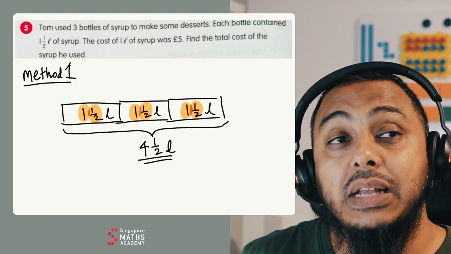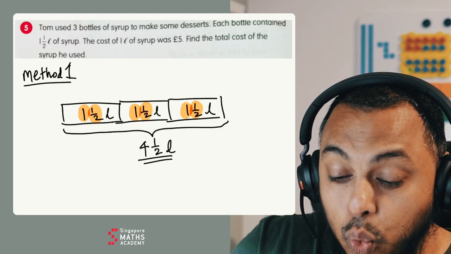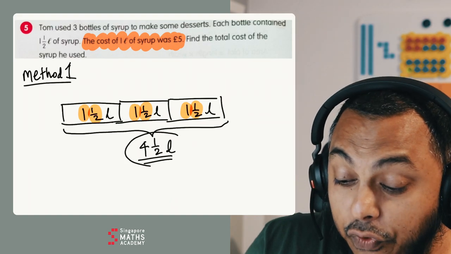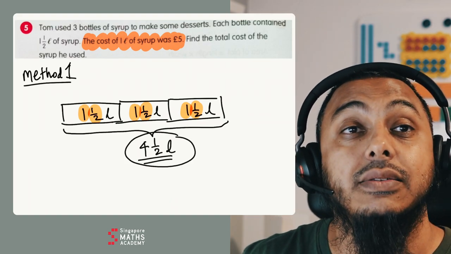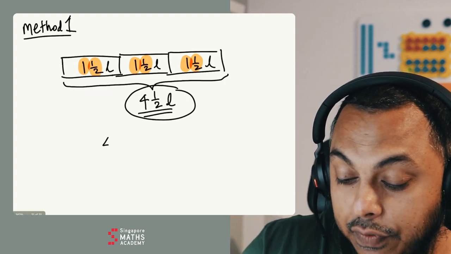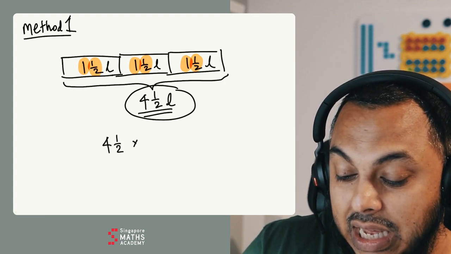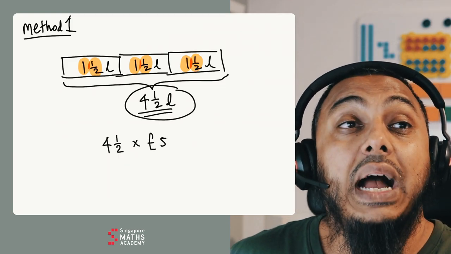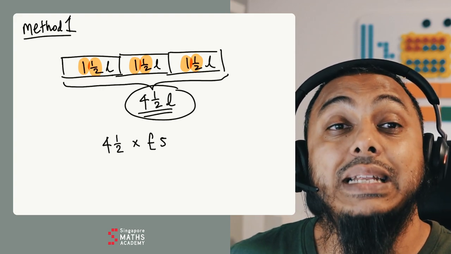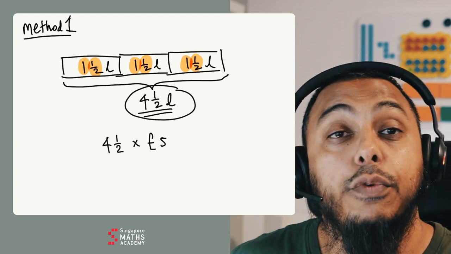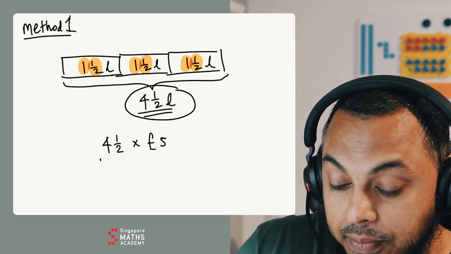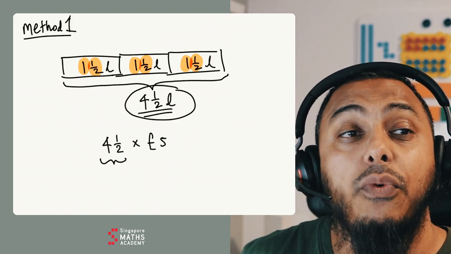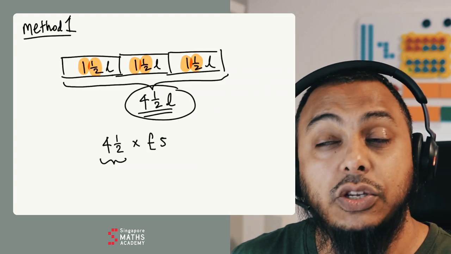The question then goes on to say that each 1 liter costs £5. I've got 4.5 liters. So I need to work this out: 4.5 times £5, because each liter costs £5. I can use my understanding of fractions, which we've been going through this lesson, and make this a bit easier on myself by thinking about 4.5 as an improper fraction.